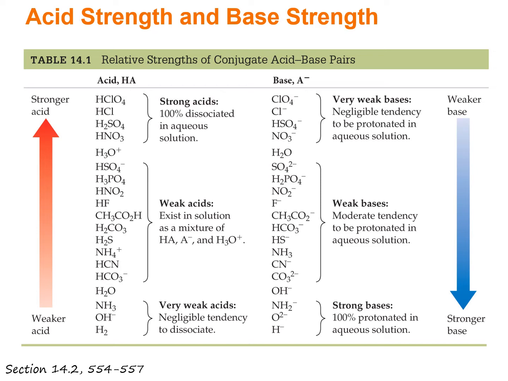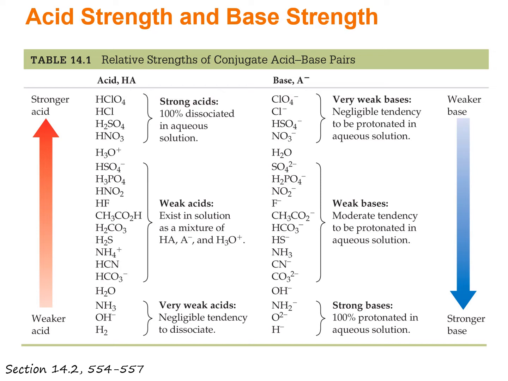And if we go back to the middle, then we have a weak acid like HF yields a weak base like F minus, and NH4 plus, a weak acid, yields a weak base like NH3. And if we look at something that has a very weak acid, something like hydroxide or ammonia, then they have strong bases associated with them, like NH2 minus or O2 minus, that are present.